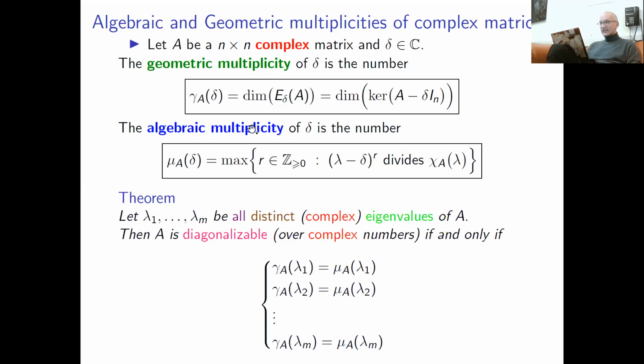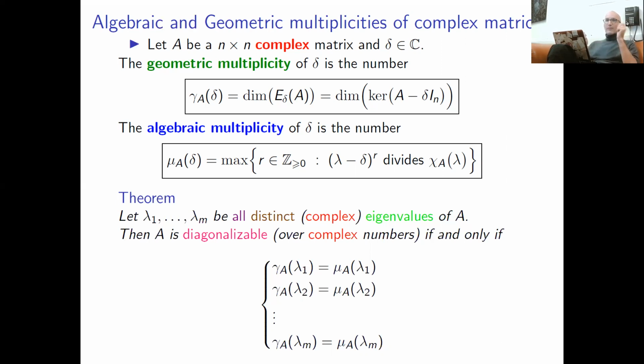And if this happens, this is a problem, and we have this nice criterion for diagonalization, which is the same as for real matrices, but it's simpler. One condition disappears. And this is actually why complex numbers are better than real. You take matrix A, you take the characteristic polynomial, you list all its roots, lambda 1 up to lambda m.